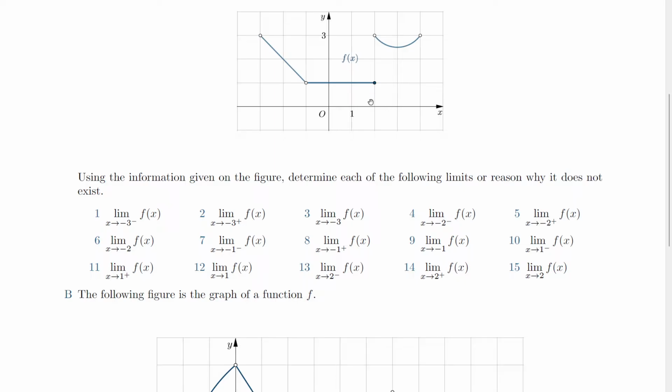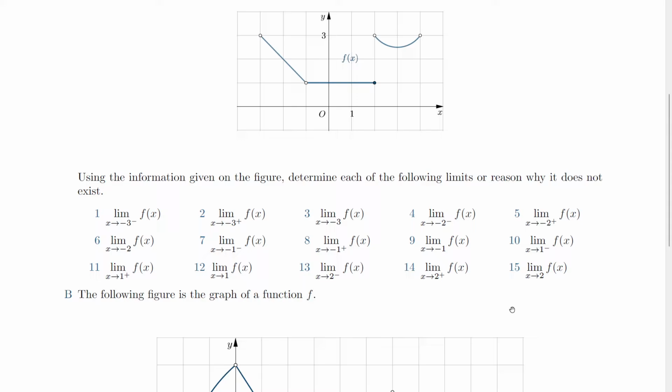Because this is number 2, I am approaching. When I am here, the height is this much. When I get closer, the height increases. When I get closer, the height increases. When I get very, very close to 2 from the right-hand side, the height is very close to which number? To number 3. So the right limit, number 14, is 3. What about number 15? What's the answer to number 15? Does not exist.